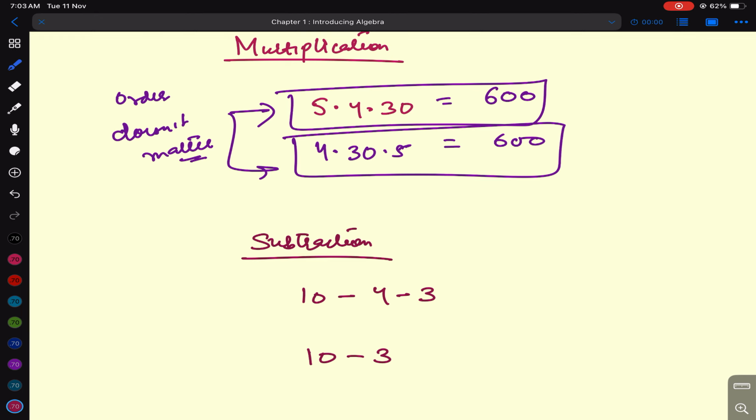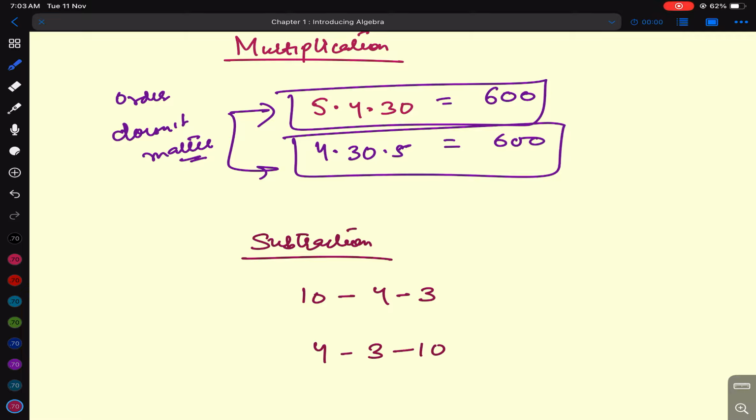Now when I change the order of the same numbers, we change it to 4 minus 3 minus 10.